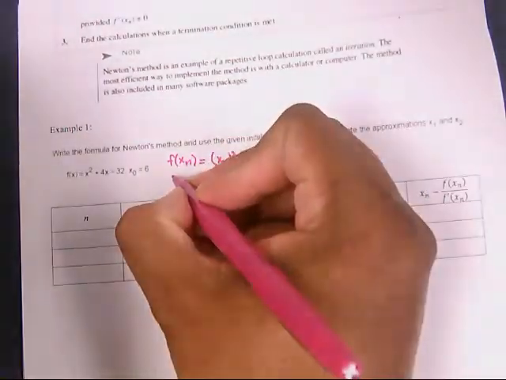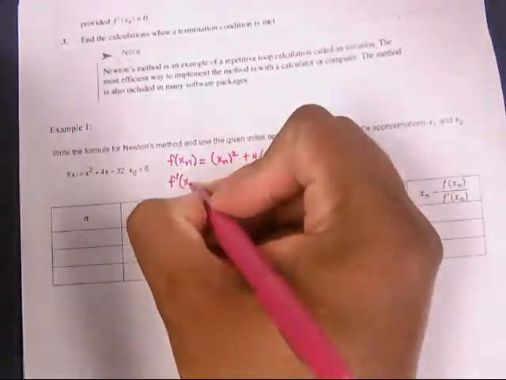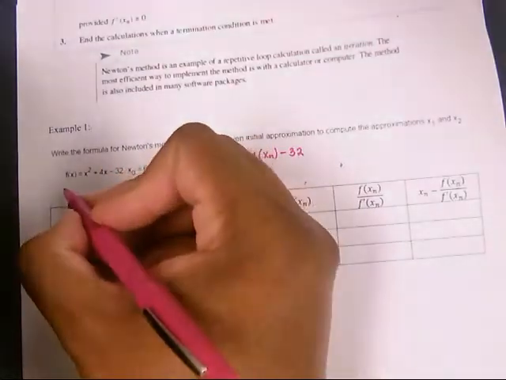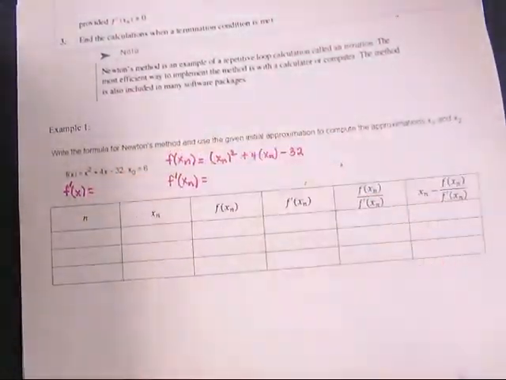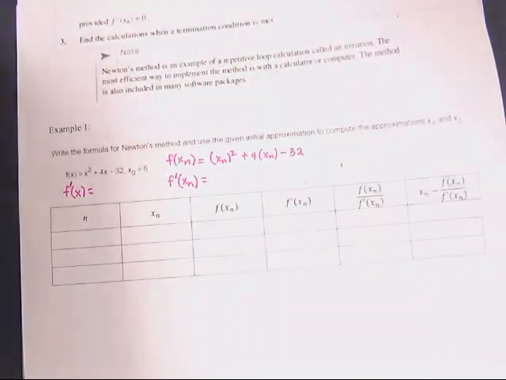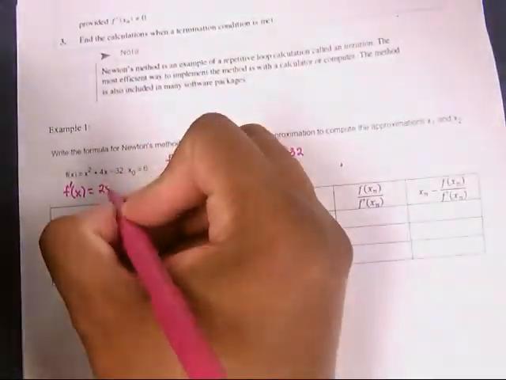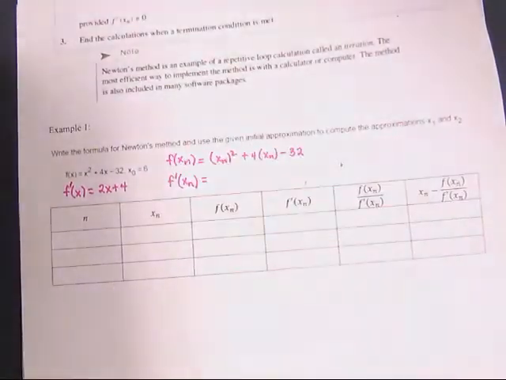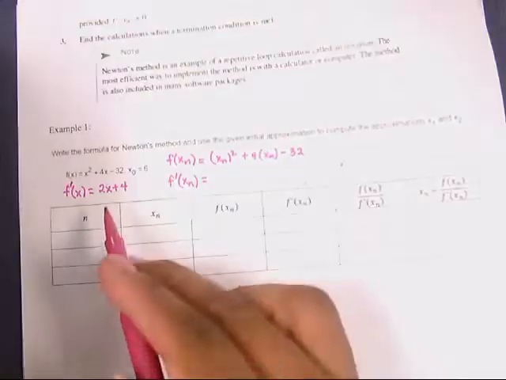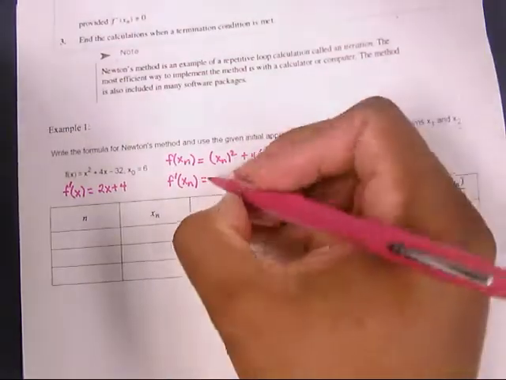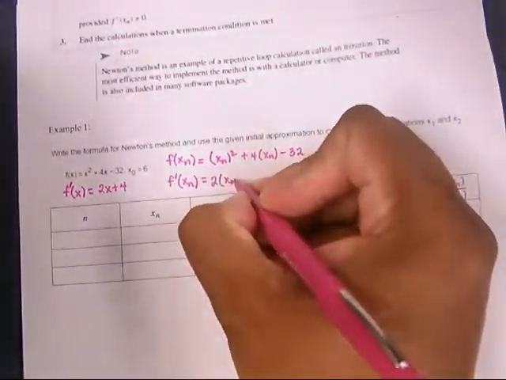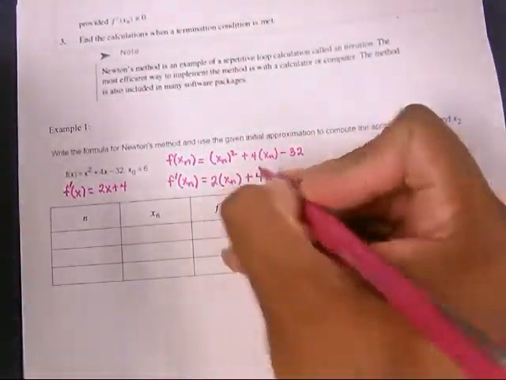I need f prime of x sub n as well. Well, I need to know what the first derivative of f is. So f prime of x, in this case, is 2x plus 4. Then replace the x in that first derivative with x sub n. So this will be 2 times x sub n plus 4.